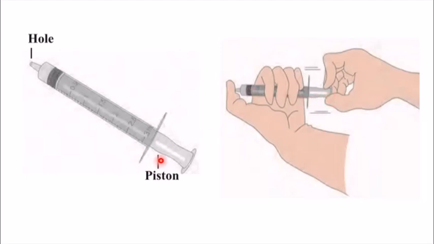But in the first case it doesn't move in the forward direction. Why is it moving in the forward direction here? Because there is no air here. We have closed the hole, so we are not allowing the air to move inside. So as there is no air here, this piston again comes to its original position.